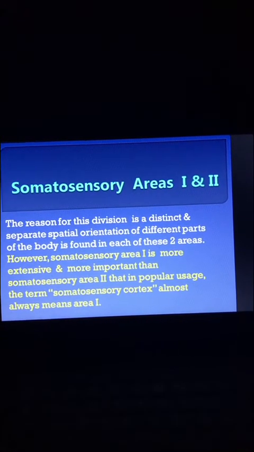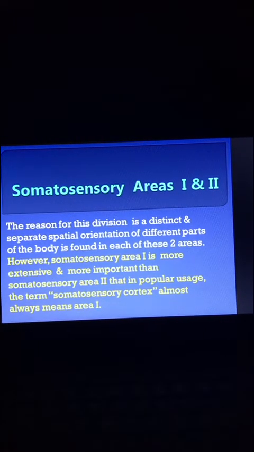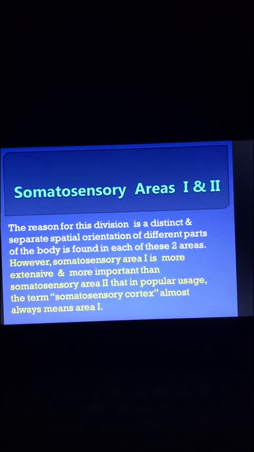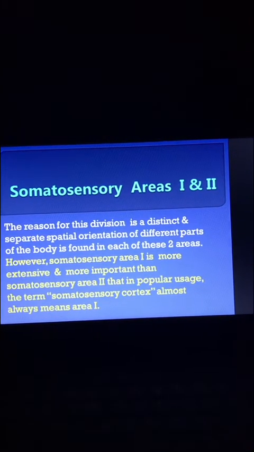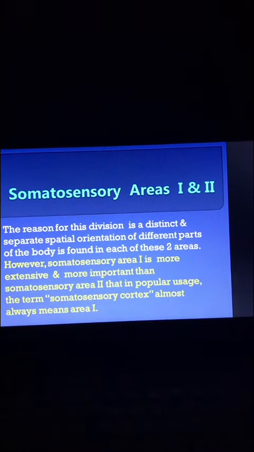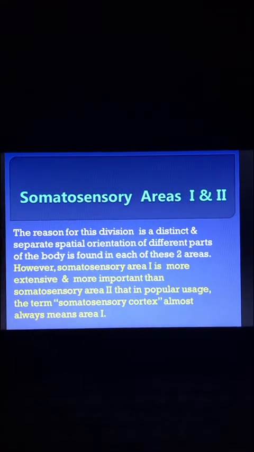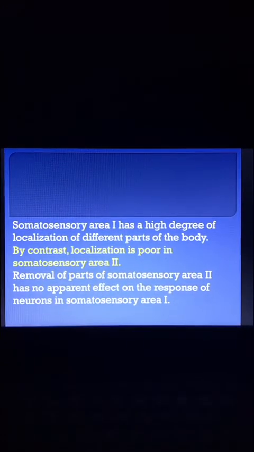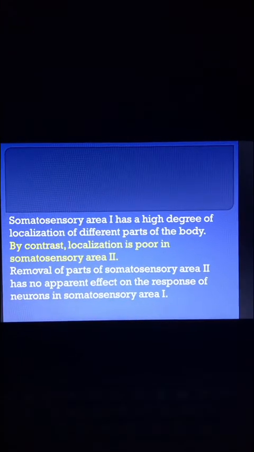The reason for this division into somatosensory areas 1 and 2 is a distinct and separate spatial orientation of different parts of the body in each of these areas. Now, number 1 is more extensive and more important in general, and there are also some differences.